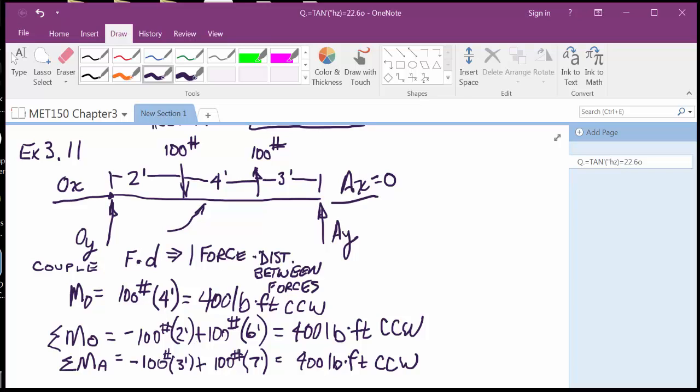Can other forces then be in between them? Yeah, there will be. I think example 3.12 is that. If you look at that, notice at point C, you've got that force F2 going down 30. Both of them are actual couples.